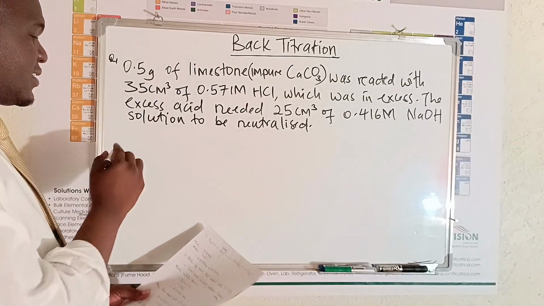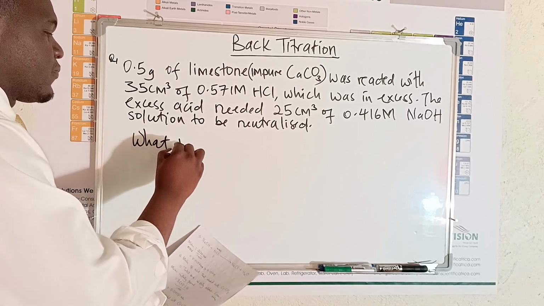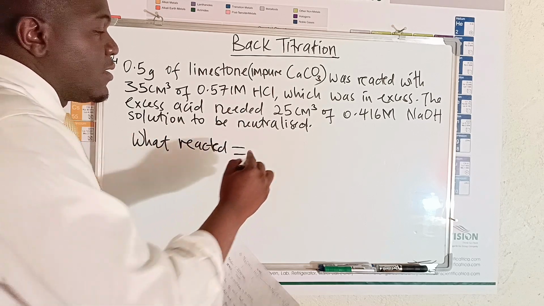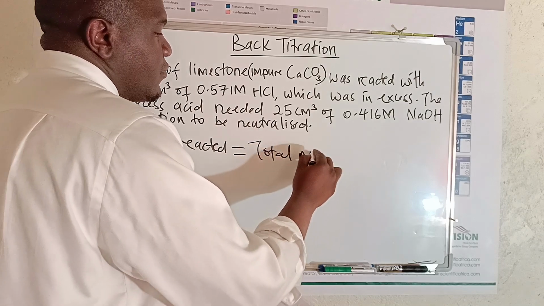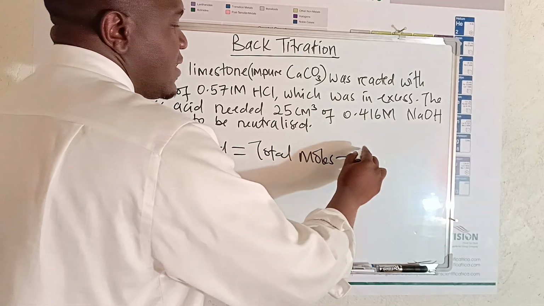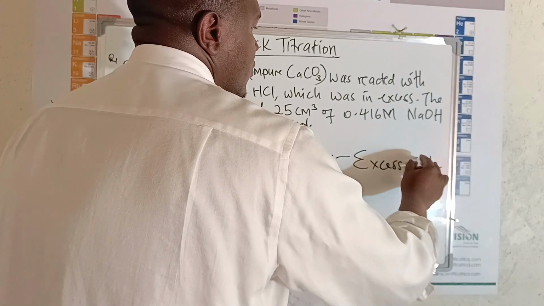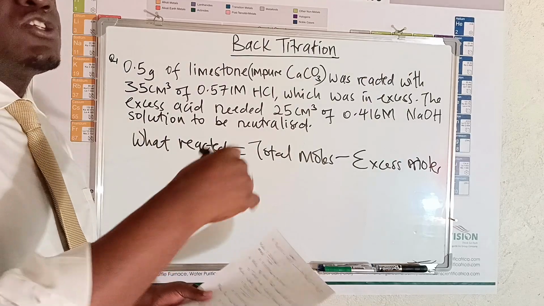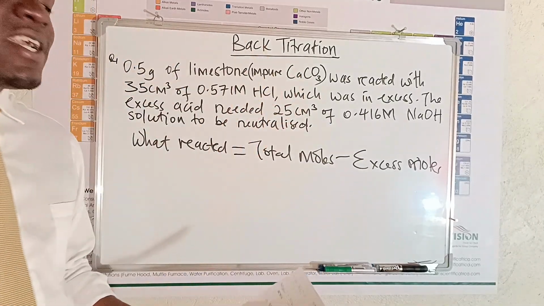So what reacted is equal to the total poured, the initial moles, minus the excess moles. Why is this so? Because we know the total that we poured there and we know what remained after. So the difference must be what reacted with the calcium carbonate.